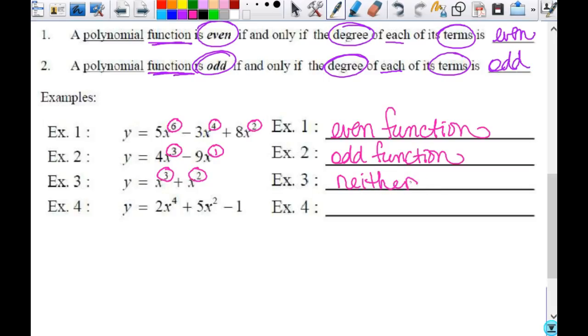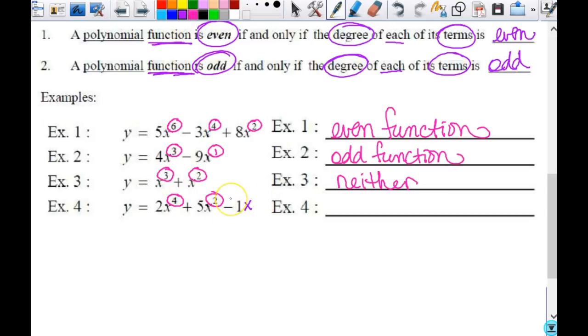So then let's look at example 4. This degree is 4. This degree is 2. This is a term. What is the degree? If I put an x here, I can't actually change this, so I can't just leave it. What would the exponent be?